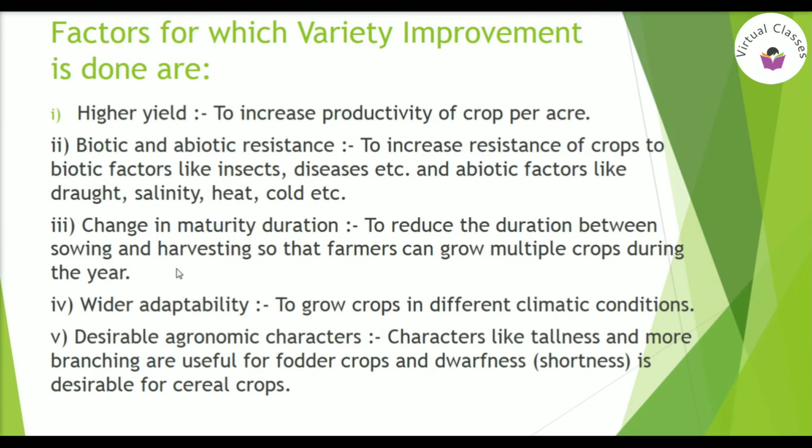Fourth is wider adaptability, that is, to grow crops in different climatic conditions. Fifth is desired agronomic characters, that is, characters like tallness and more branching are useful for fodder crops, and dwarfness or shortness is desirable for cereal crops.